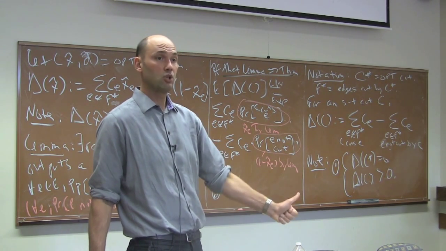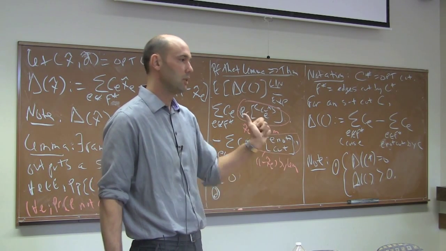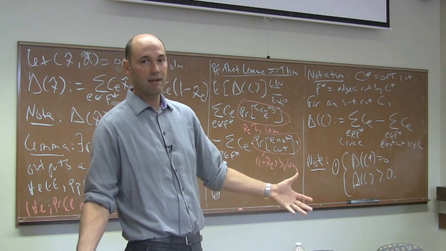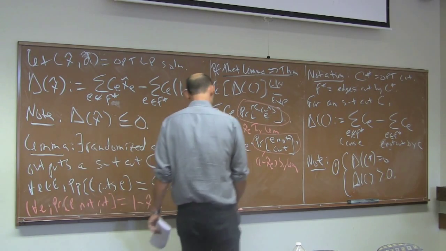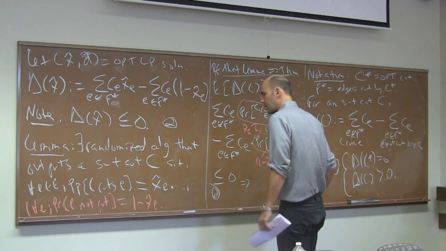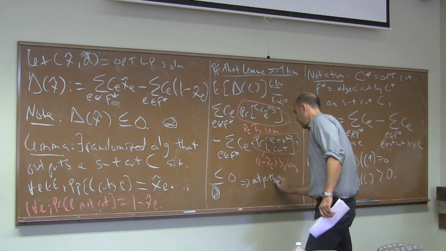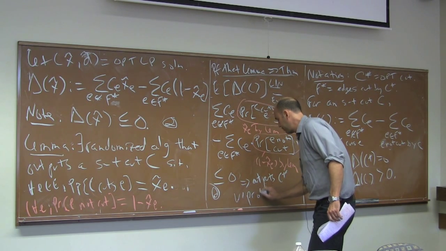So if you give me a distribution over cuts which is as good as the best cut, it has to be outputting the best cut with probability 1. Any probability on any other strictly worse cut would make the average strictly worse. So it outputs C star with probability 1.